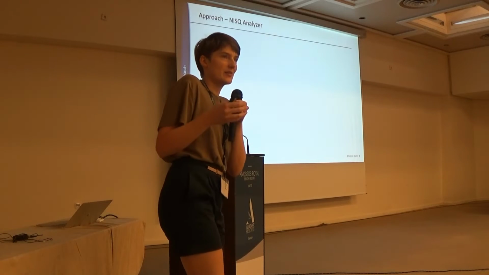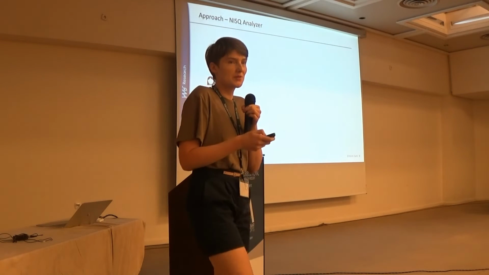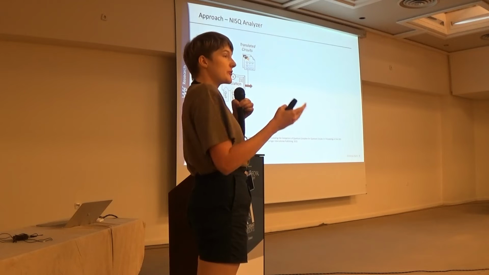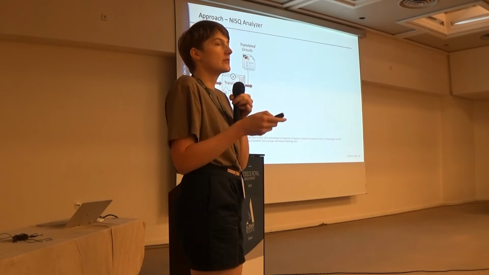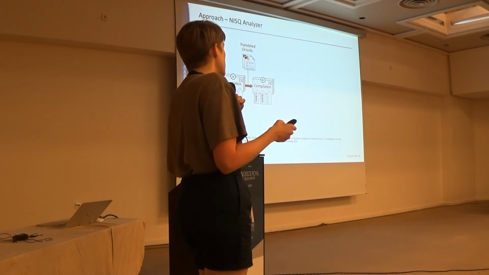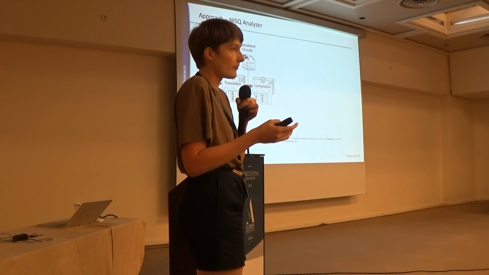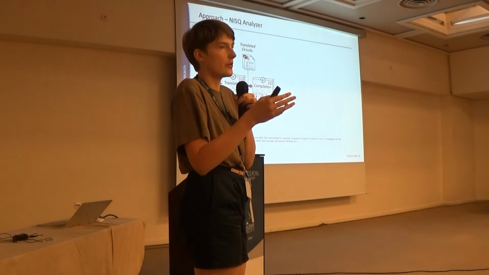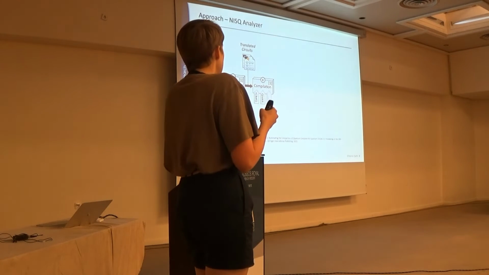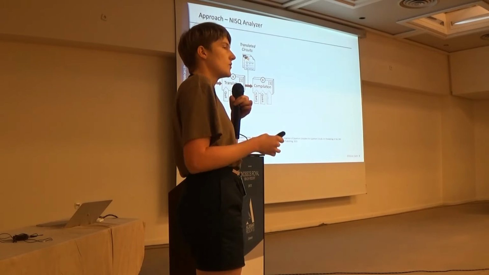So we have our user with their specific input circuit, and the first step is we translate this input circuit into the required formats of the supported compilers. So for example, if we have a Quil implementation, so for Forest SDK, then it is translated into OpenQASM.